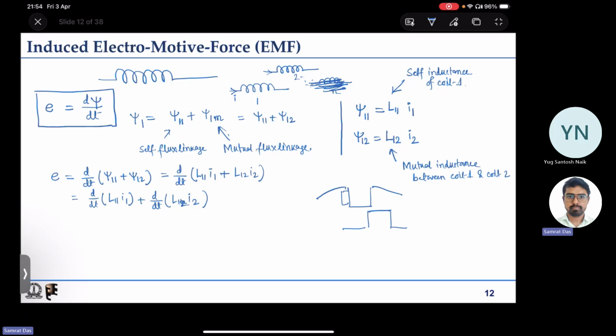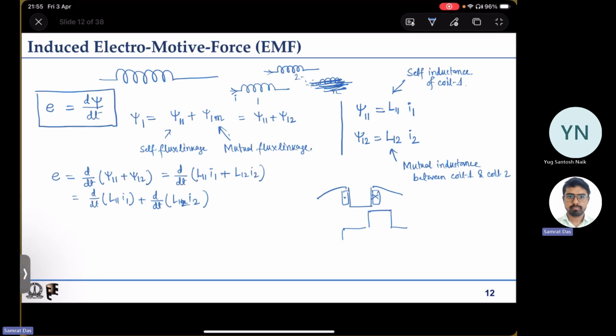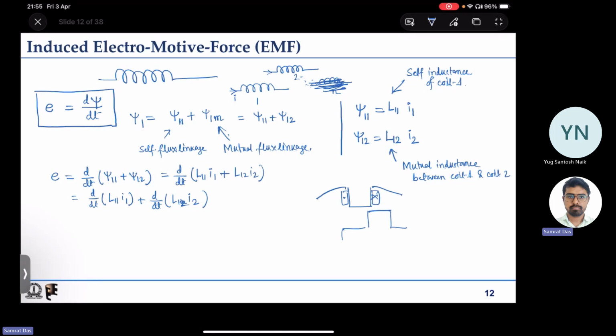There we have some coil here, dot and cross. Let us only consider this air gap. The other flux path is continuous by some other path.